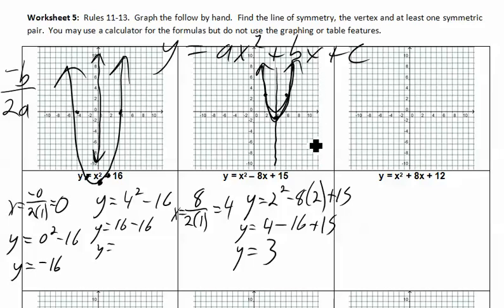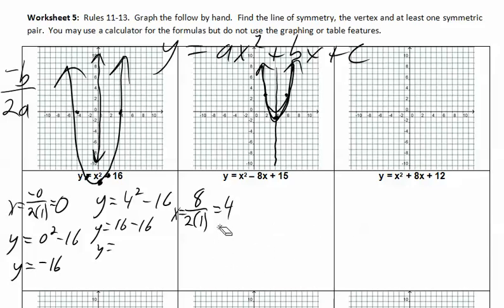Alright, so let me do one more with you. We're going to start with our minus b over 2a. Again, I'm going to erase this just so I have enough room. If you didn't get all that, go ahead and take the video back and pause it, and you can get that copied down.